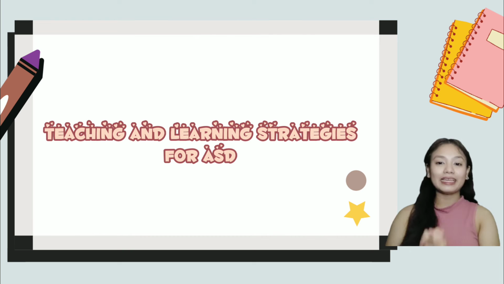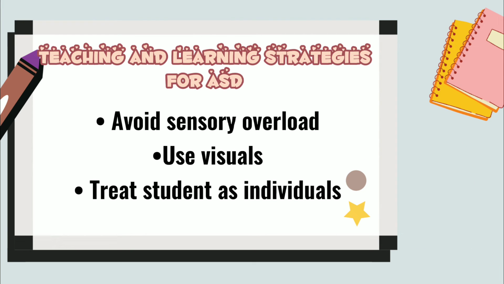Now, let's go to the teaching and learning strategies for ASD. The first is avoid sensory overload. A child with autism spectrum disorder may be bothered by a variety of unanticipated events. The second, use visuals.